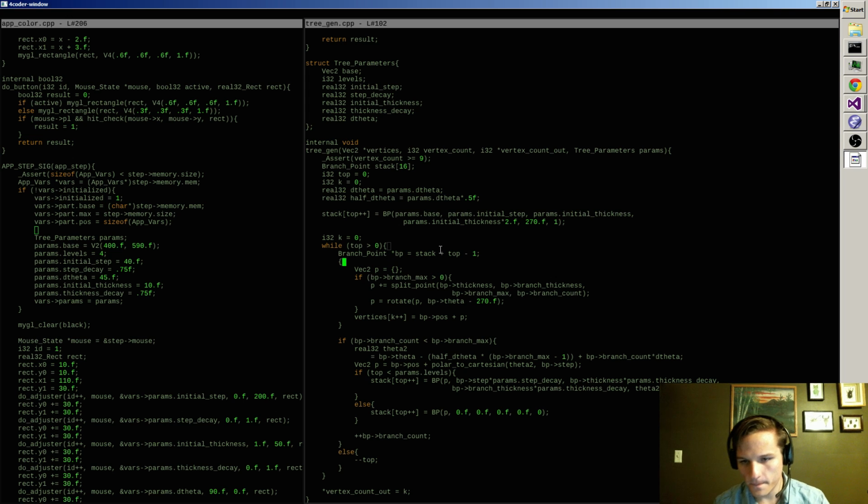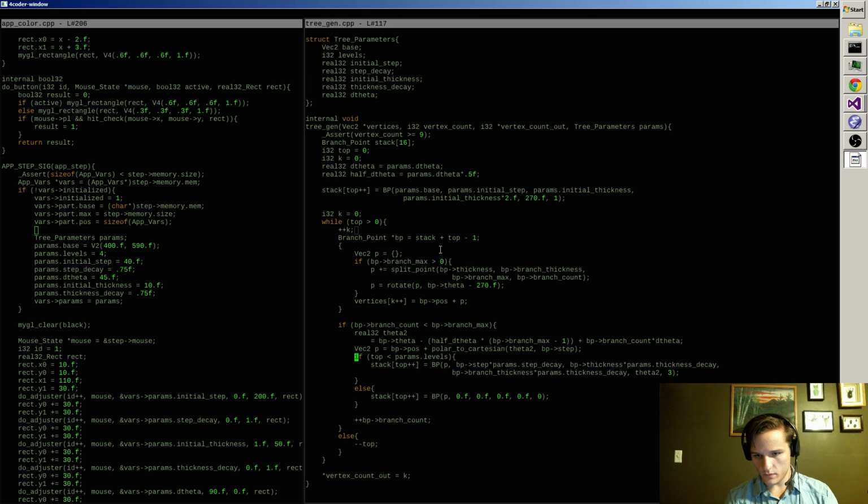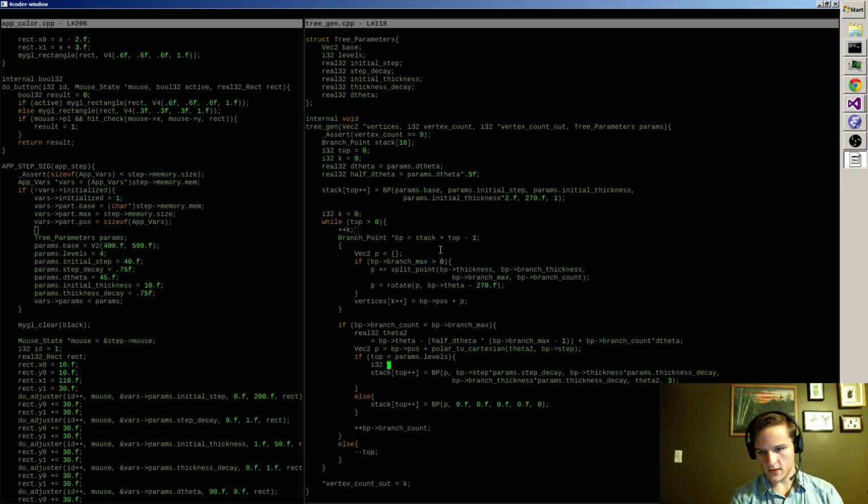All right, so what I'm going to do is each frame we're going to increment k, and when it becomes time to do a branch, we're going to ask what the branch count is going to be. If k modulo 3 equals 1, we'll do a 2, otherwise we'll do a 3.